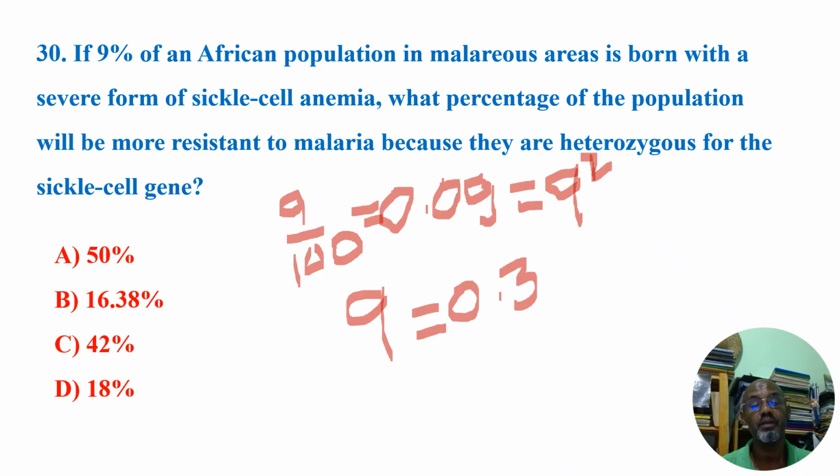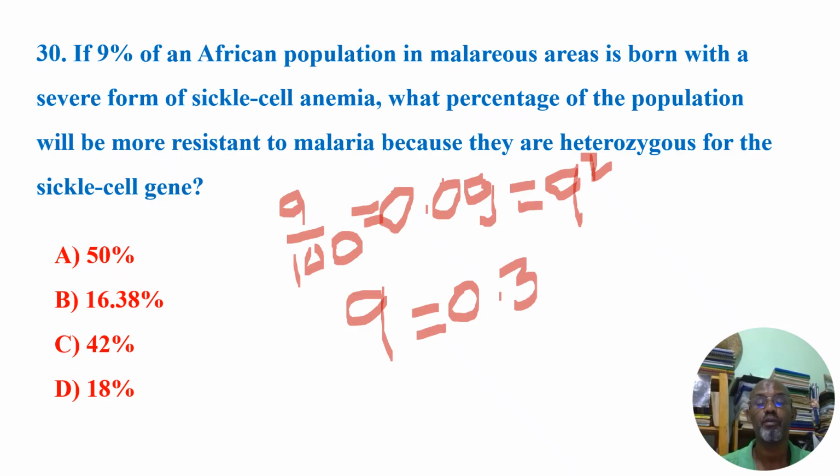You are asked for heterozygous. Heterozygous means 2 times P times Q. 2 times 0.3 times 0.7. 2 times 0.3, that is 0.6. 0.6 times 0.7, that is 0.42.